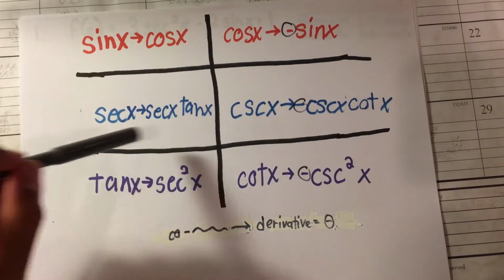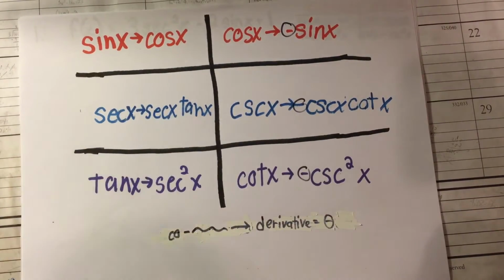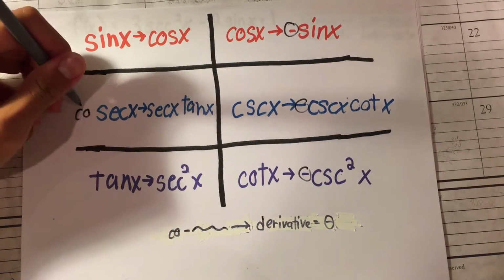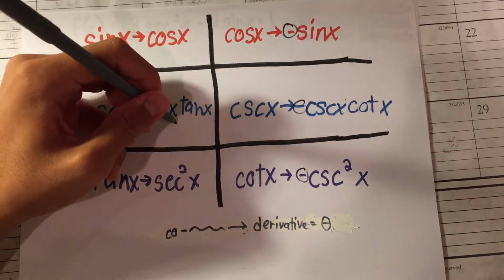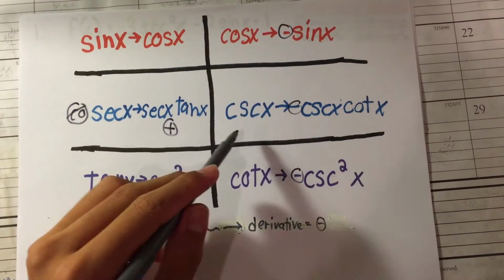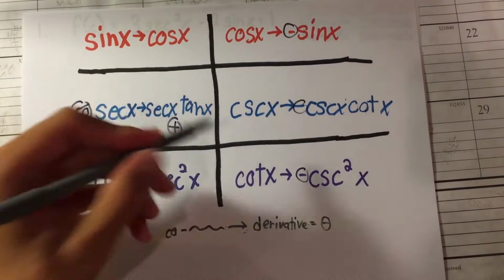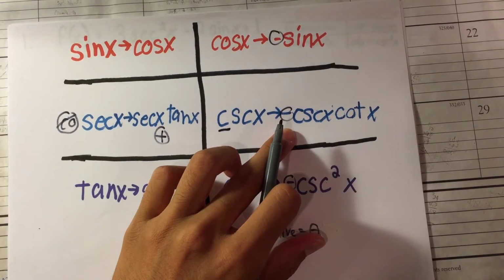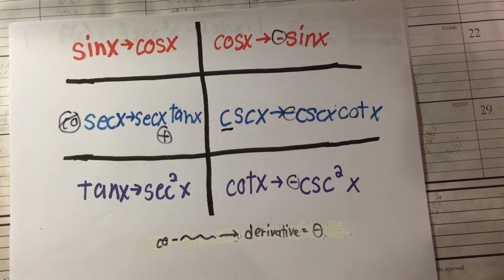Let's use secant x and cosecant x as an example of the pattern. Now, secant x lacks the prefix co, which means that its derivative is positive. For cosecant x, since it starts with co, that means it'll end up being a negative derivative.